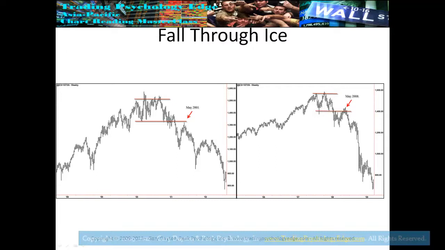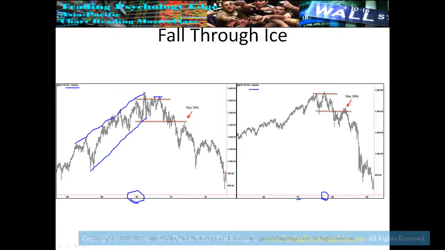All right, here's something I want to show you that is very useful to understand. This is a weekly chart of the S&Ps. This is 2000, and this is 2007 in here. So we have this uptrend, and we go sideways.